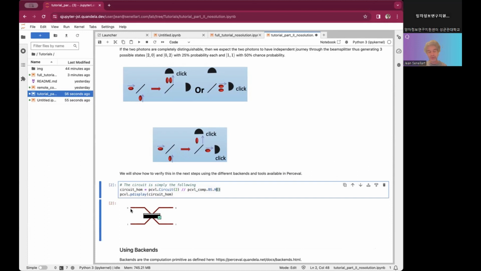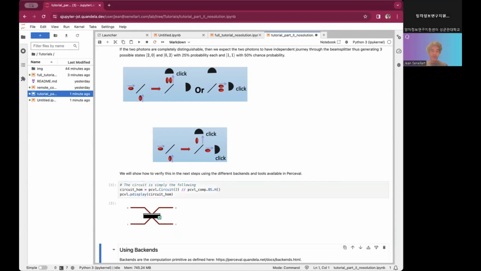It will do the same, because the difference between them is phase, and if we are just detecting, we don't care about the phase. The setup is this one, where we'll be sending 1 photon in the upper mode and 1 photon in the lower mode, and we are interested in the probability of the different states we can get.